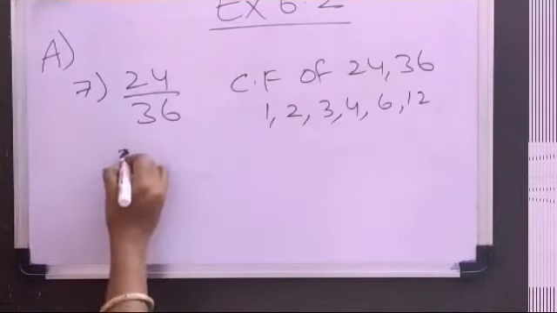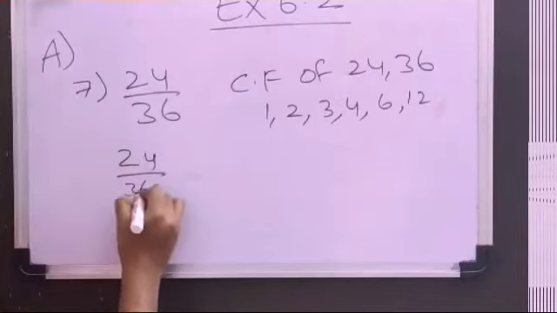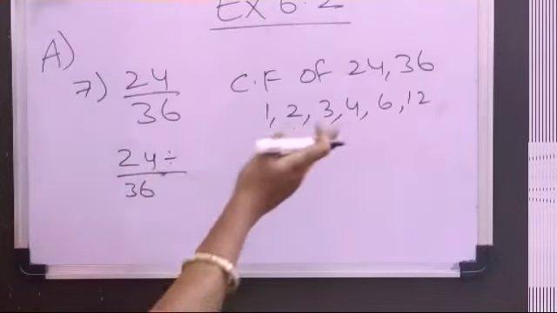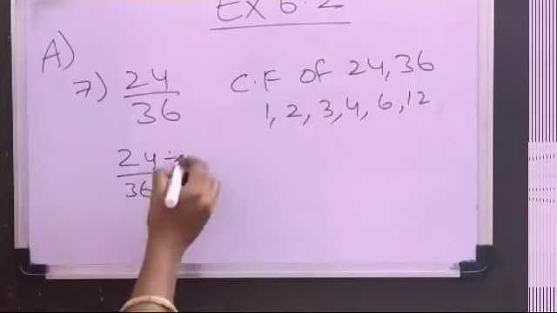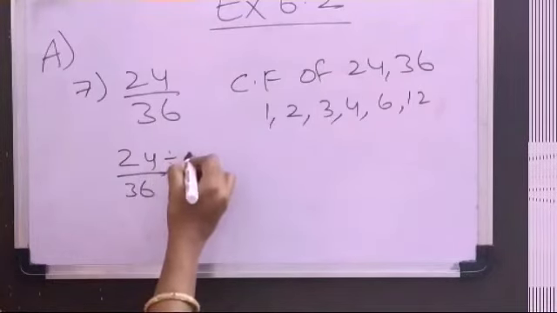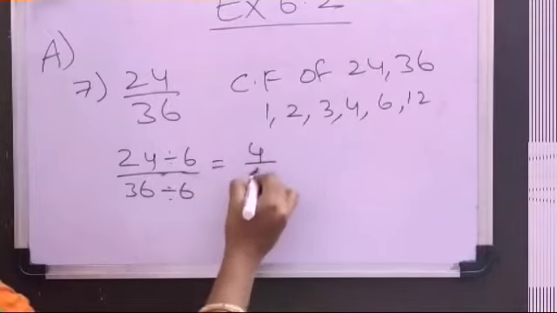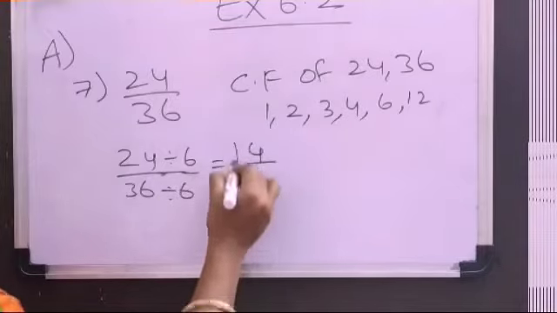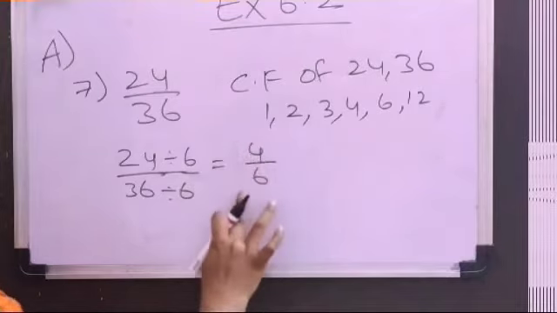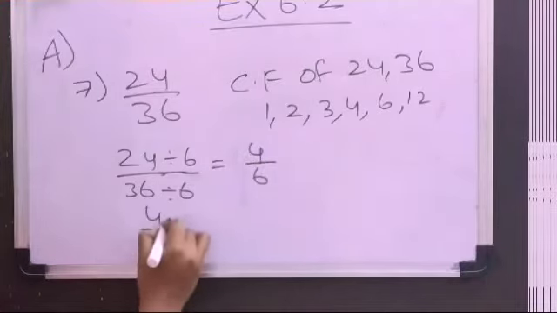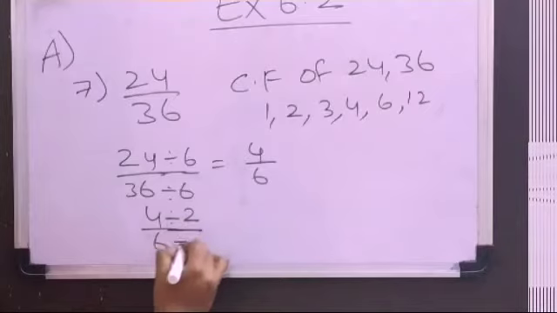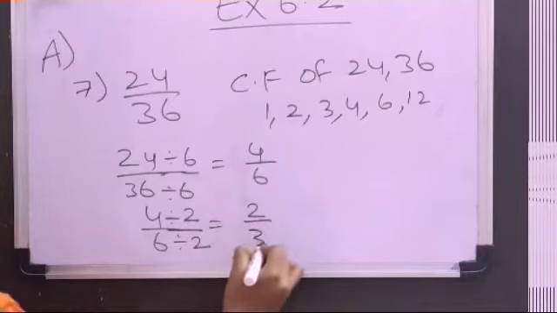Now take the given fraction and start dividing with any of the common factors. Okay, I'll take 6. 6 4s are 24, 6 6s are 36. Still we can reduce this fraction. So I'll take 4 by 6 divided by 2, divided by 2. That is 2 by 3.